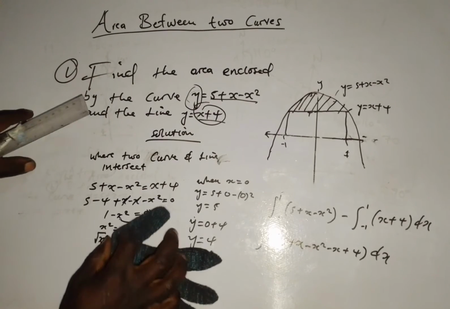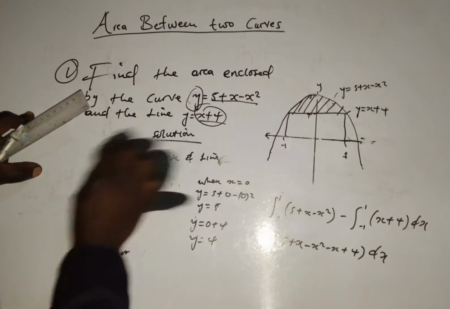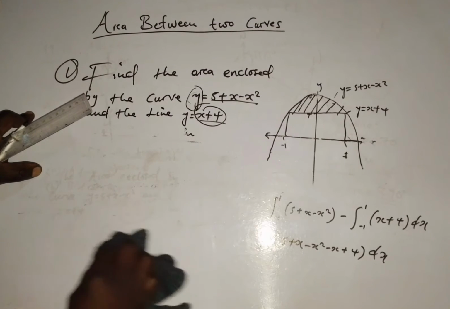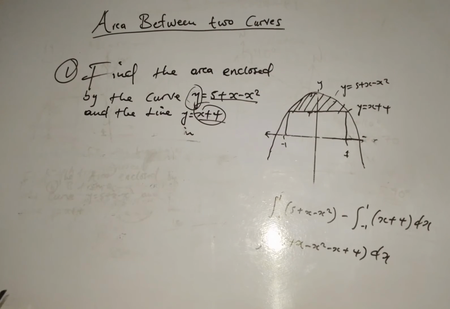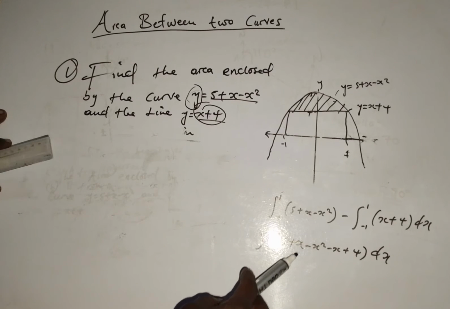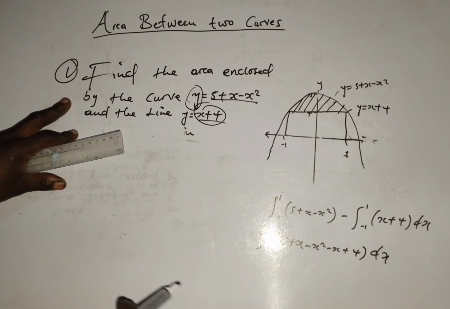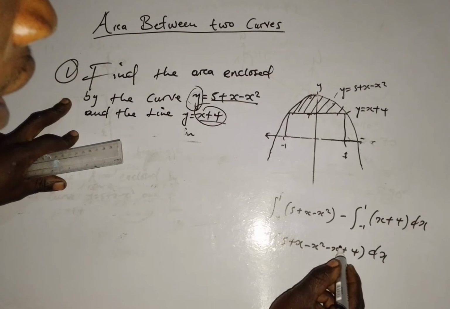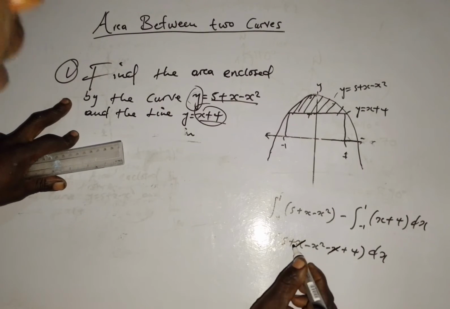So now let's try to create a space here. Now let's find the area from this expression which we have here, in which we are going to cancel x minus x, which is 0.